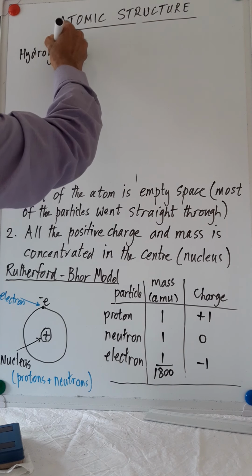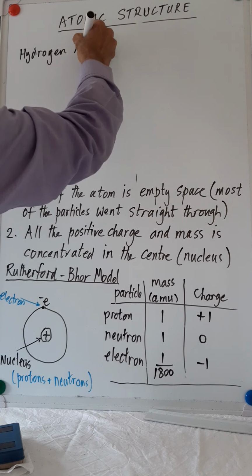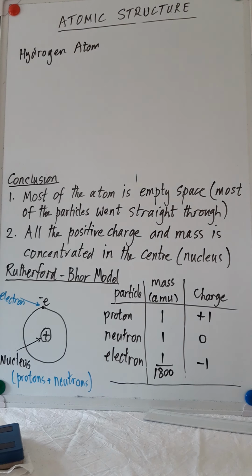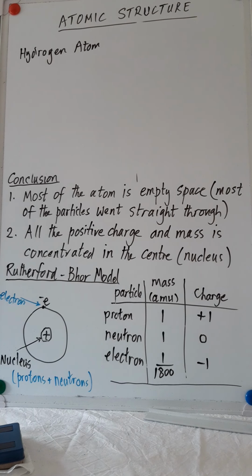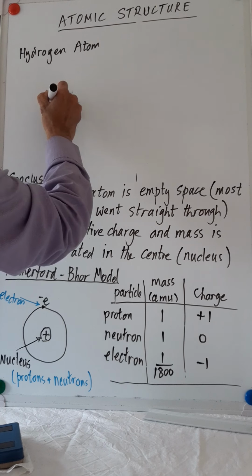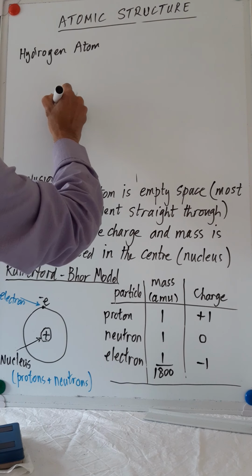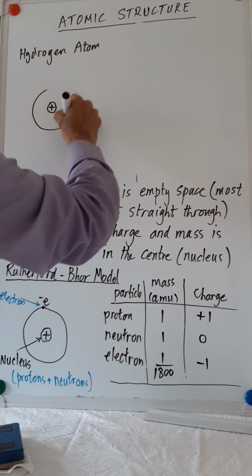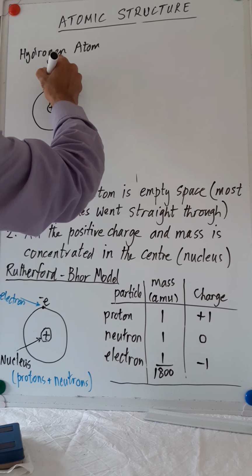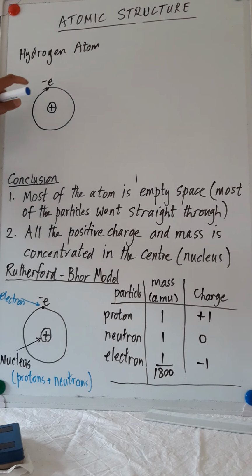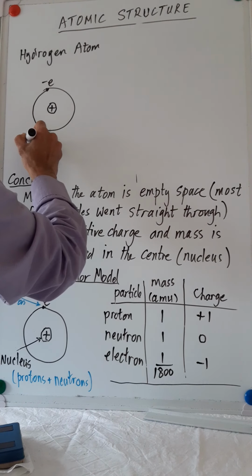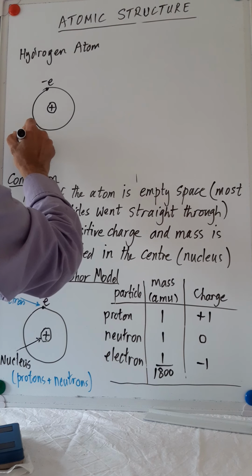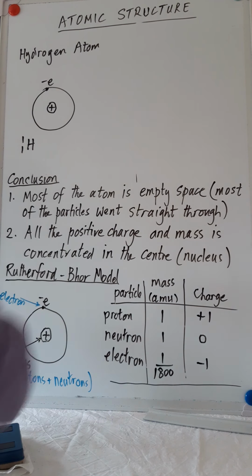We know this is the simplest atom and it's the lightest one, and it's made up of one proton and one electron going around it like this. Okay, so one positive charge, one negative charge, they balance each other, and we write this as hydrogen 1 1.